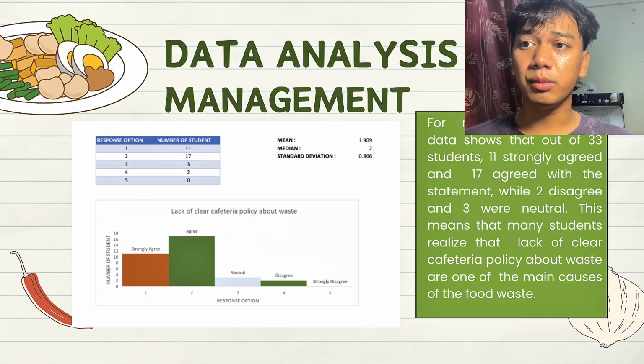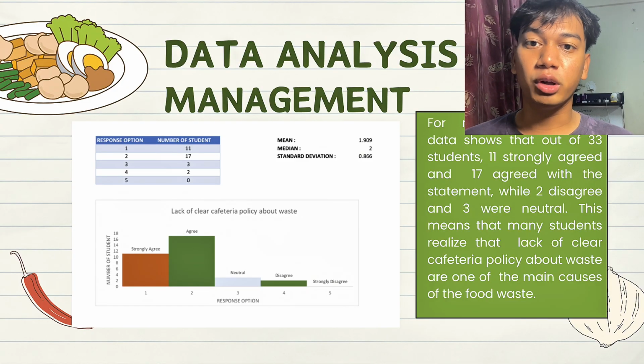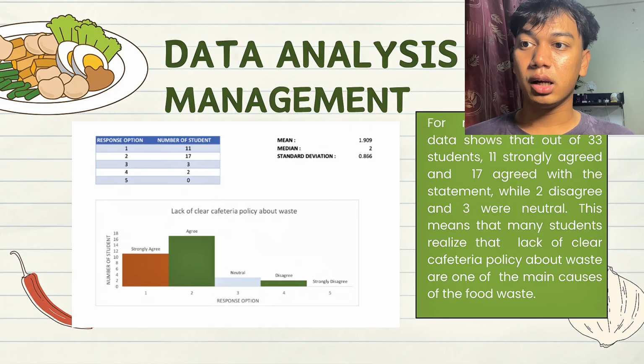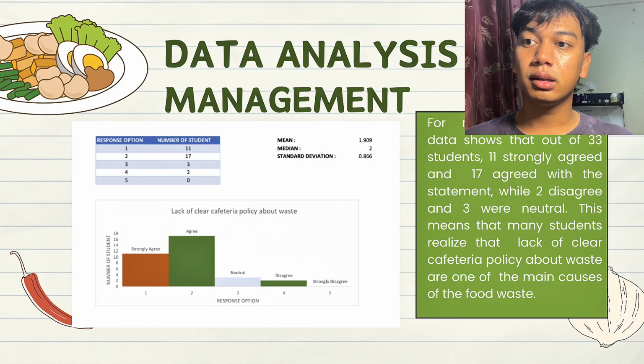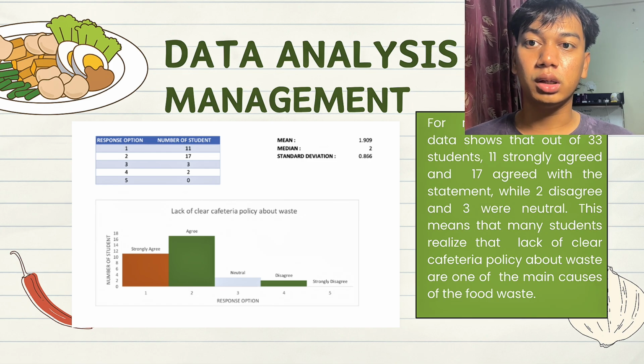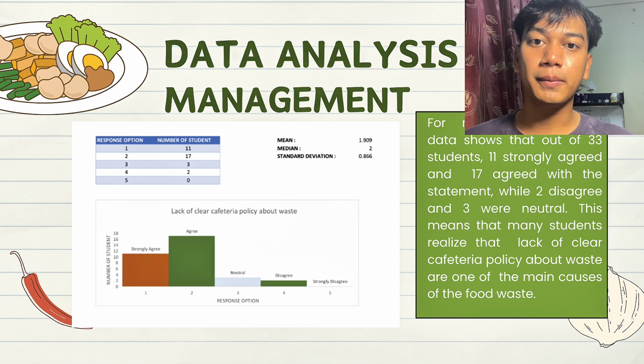The mean value is 1.909, and the median is 2, showing most responses lean toward agreement. This indicates that weak management and unclear policy contribute to the food waste problem in the cafeteria.